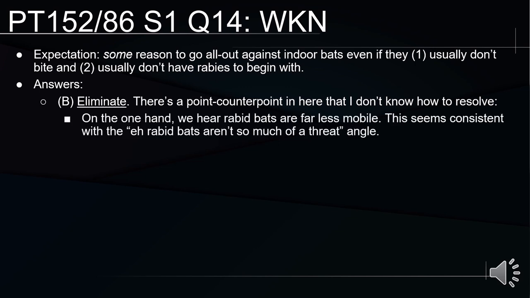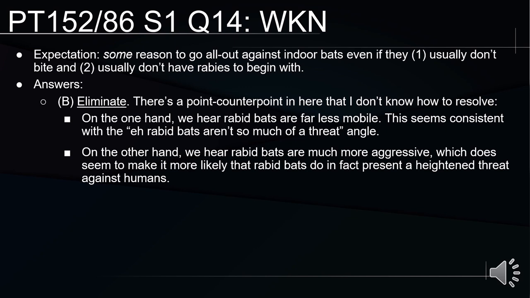On the one hand, we hear rabid bats are less mobile. This seems consistent with the idea that rabid bats aren't so much of a threat to humans, the angle being set up by the argument by Pratt. On the other hand, we hear rabid bats are much more aggressive, which does make it seem more likely that rabid bats do in fact present a heightened threat against humans.